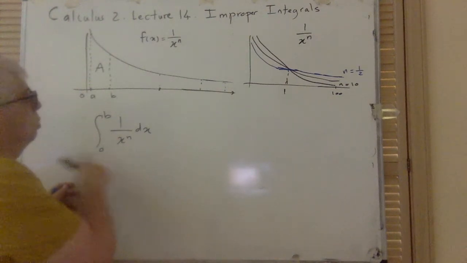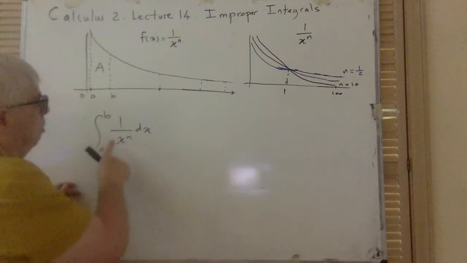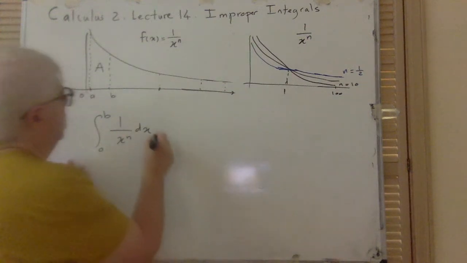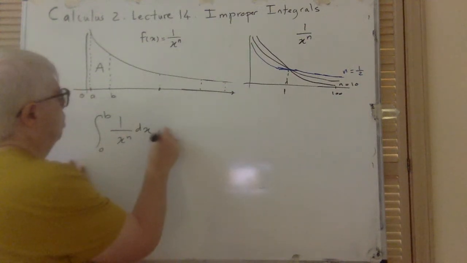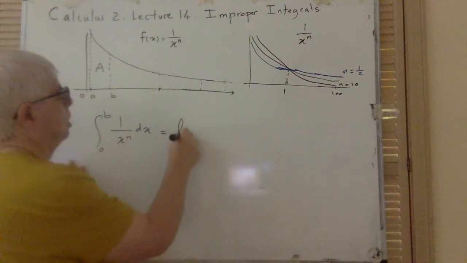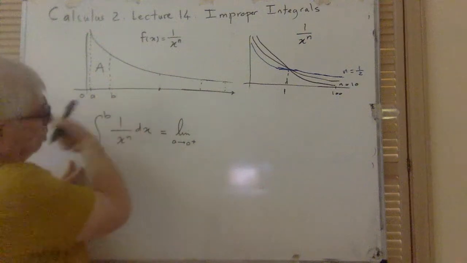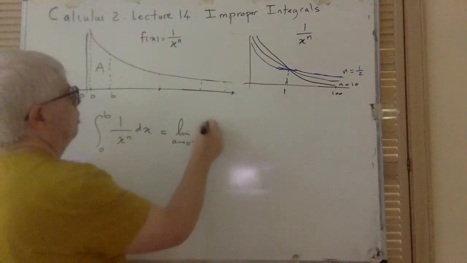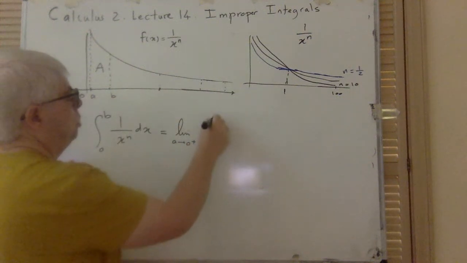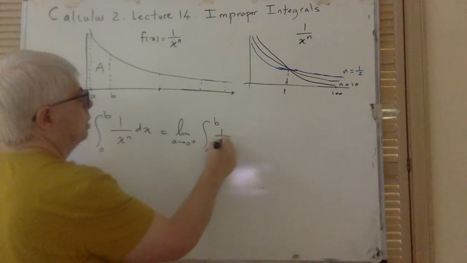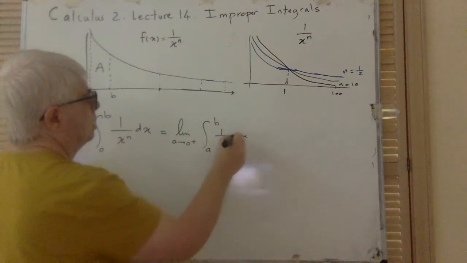So let's try this one. The integral is the same again, so let's write it as the limit as a goes to 0 plus, we are going this way, of the integral from a to b of 1 over x to the power n dx.